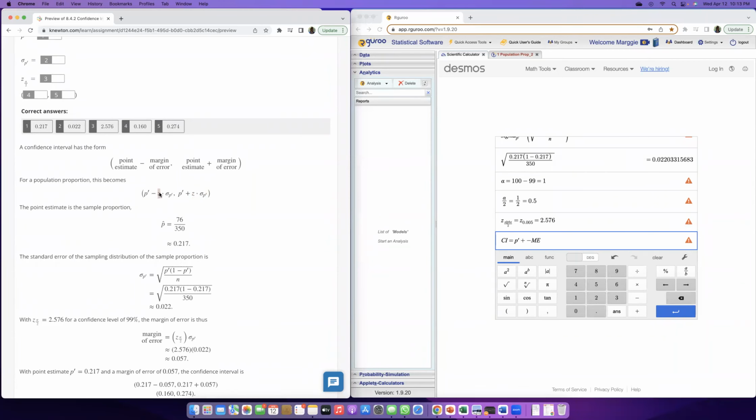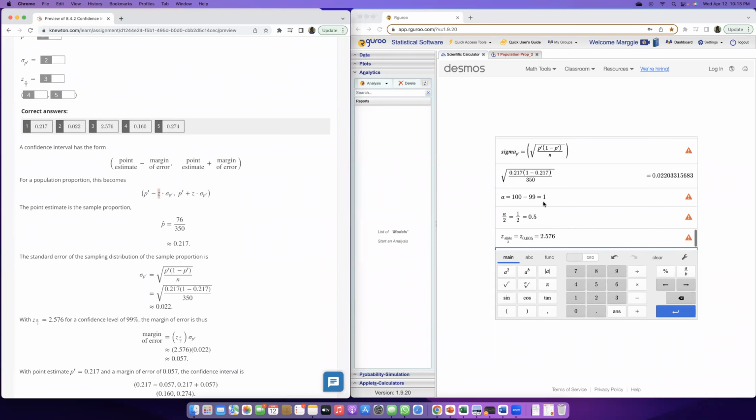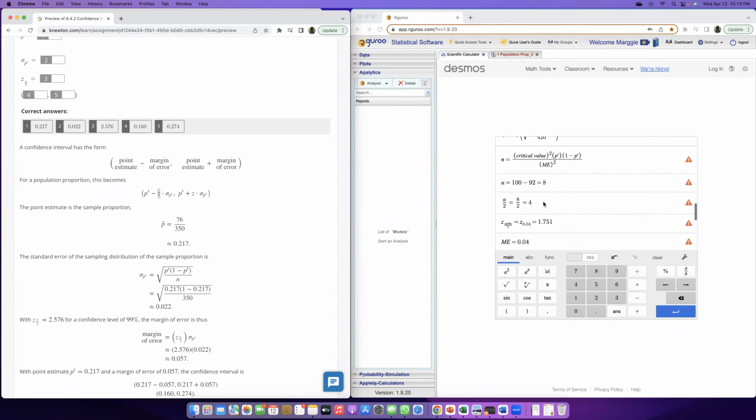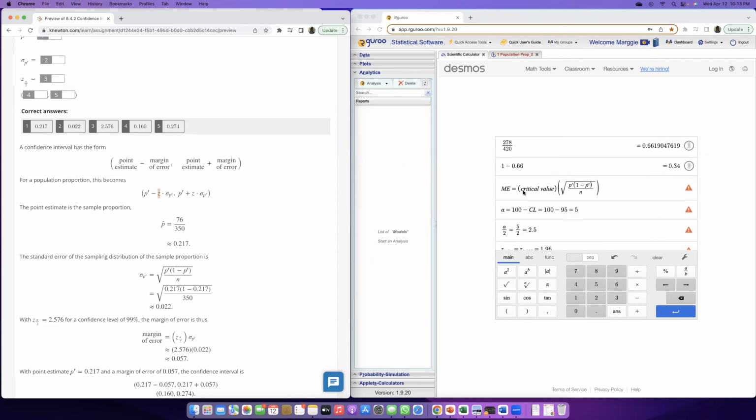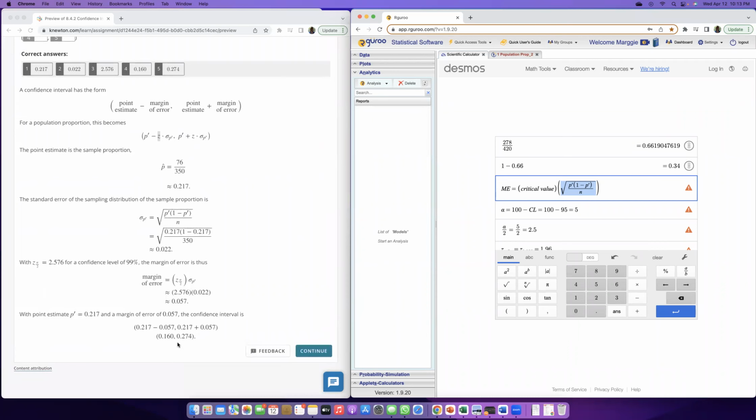This is our critical point. So if I go back here, the margin of error is the critical value, which is the Z, and then the square root, which is your standard deviation, okay? And you can see it here, the standard deviation, the sigma P is the square root of P times 1 minus P over N, all right? Which is exactly the same thing that we did.